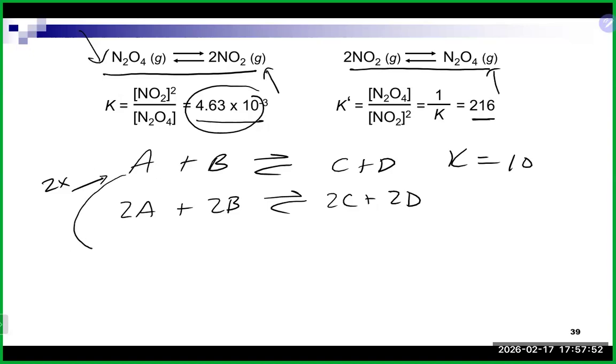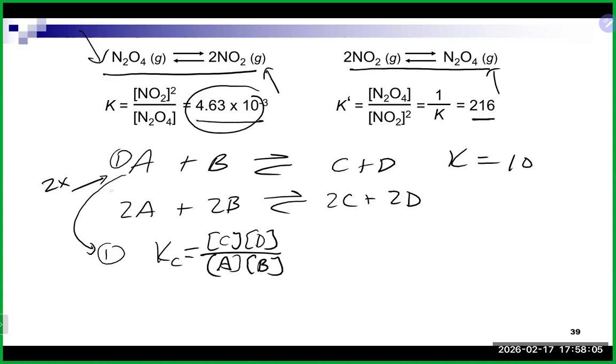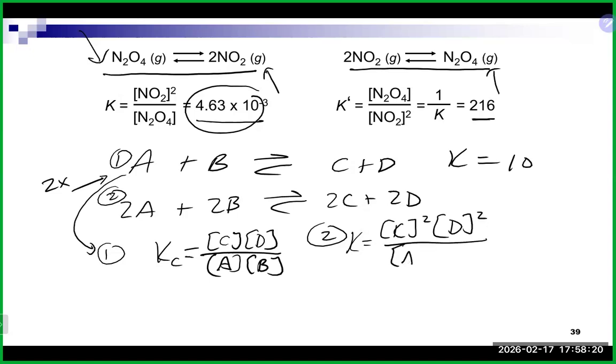So when I take this reaction here, we'll call it number 1, and I write the equilibrium expression, the Kc is C times D divided by A times B. Now, if I take this equation here, number 2, and I write the equilibrium expression for it, K would equal the concentration of C squared D squared divided by A squared and B squared.